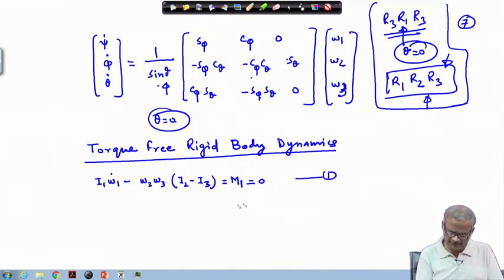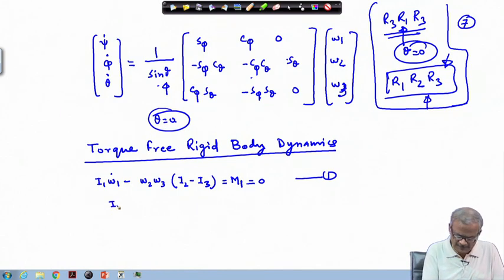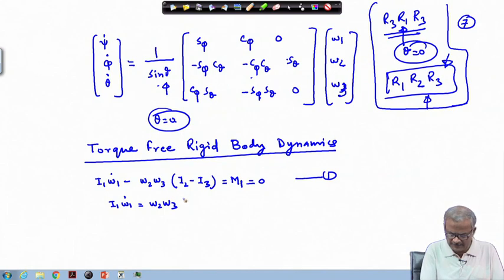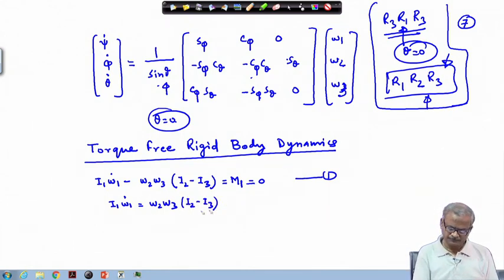If it is torque free, this is 0. So, this implies I1 times omega 1 dot equals omega 2 omega 3 times (I2 minus I3). Let us make this equation 1.